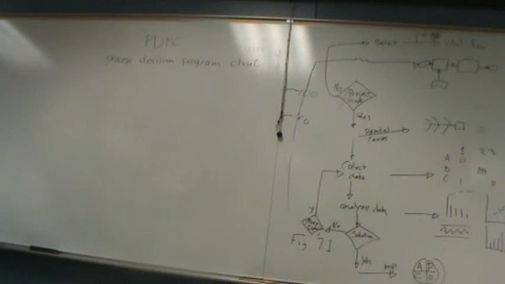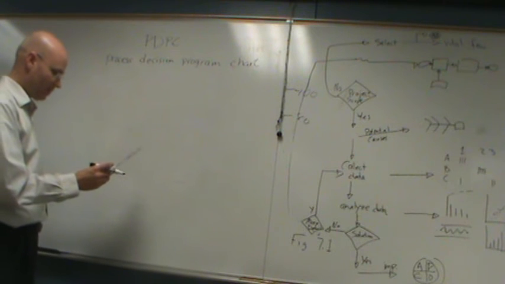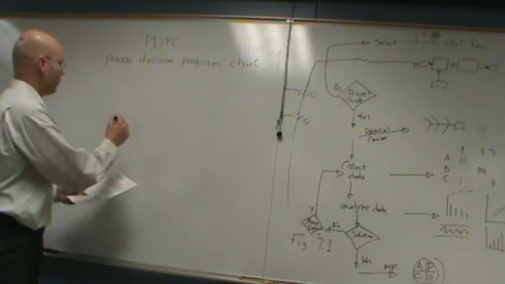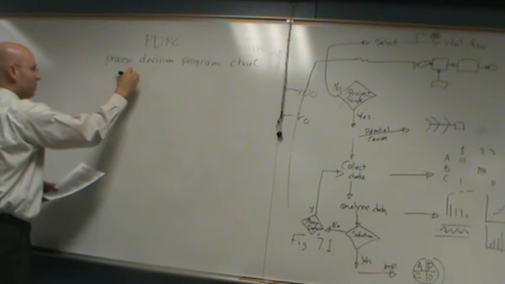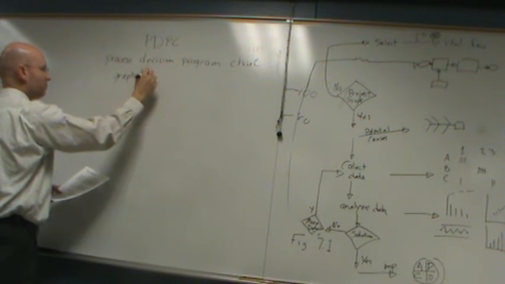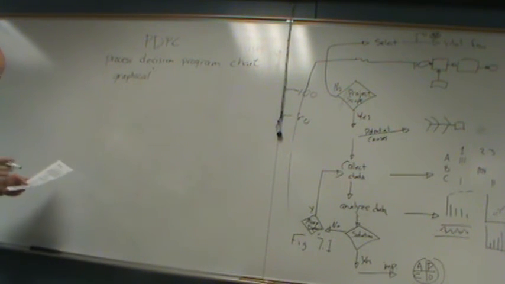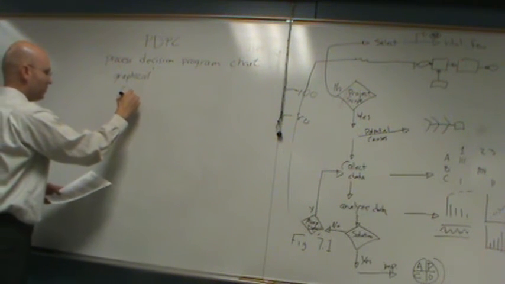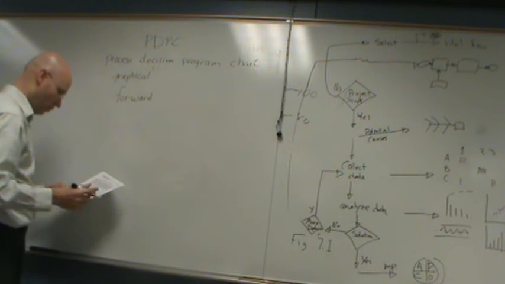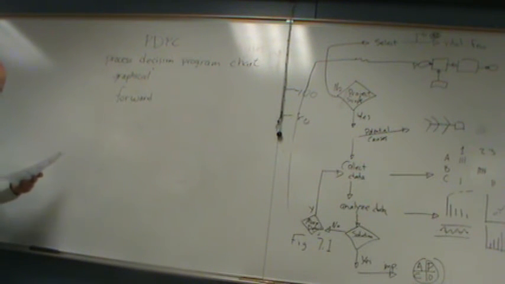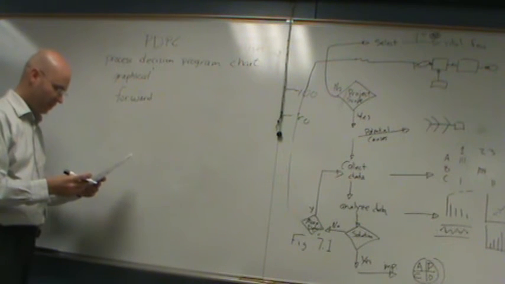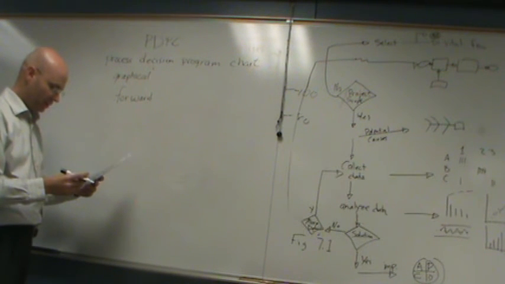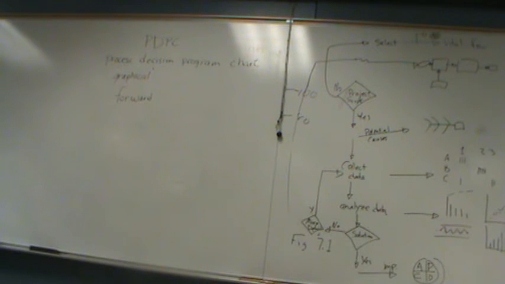Good. All right, so let's finish this part up of a process decision chart. So basically, it's a graphic method. And the way I've understood it is you can either do a forward sequence or backwards. But let's start with the forward one. Let's use the example that they have here.